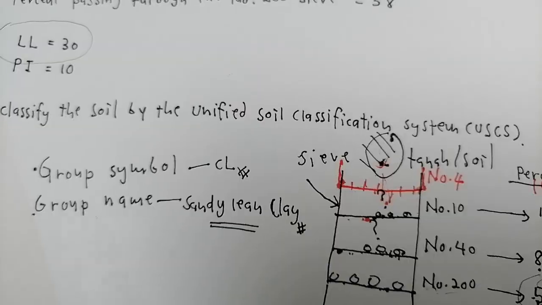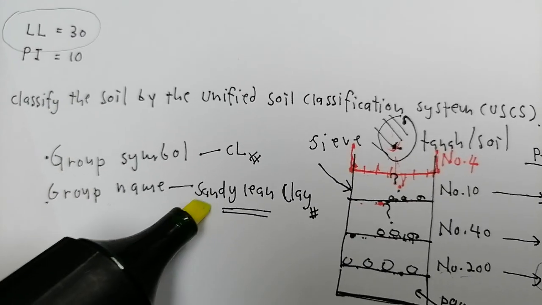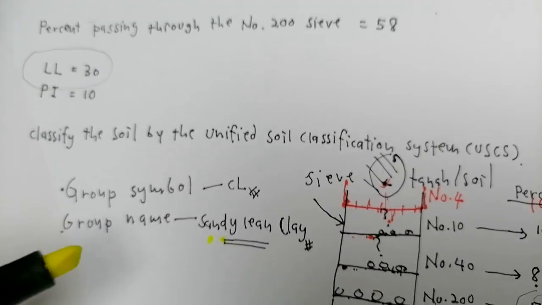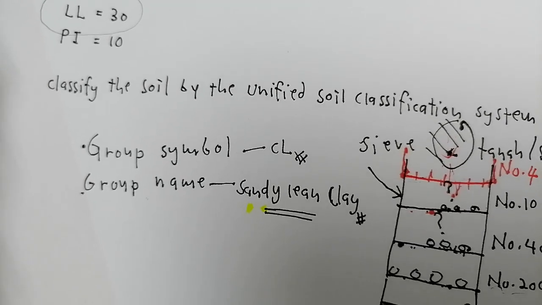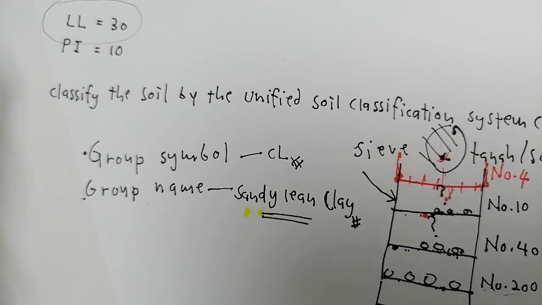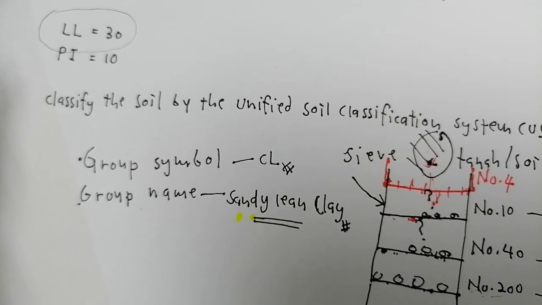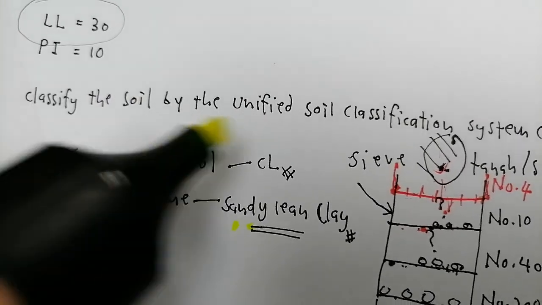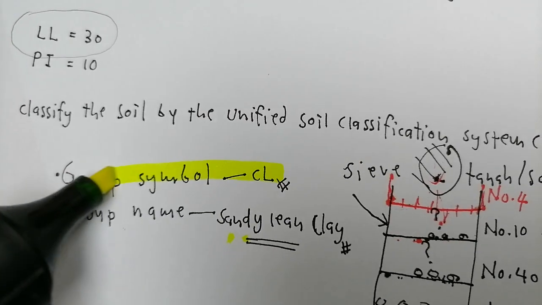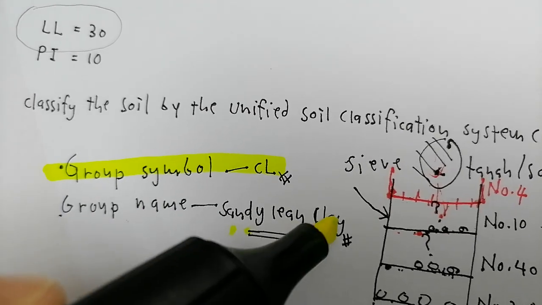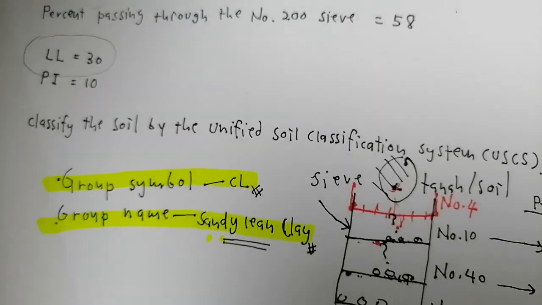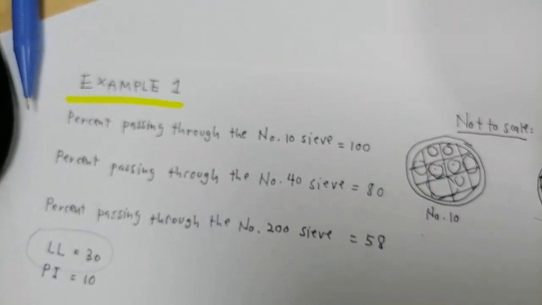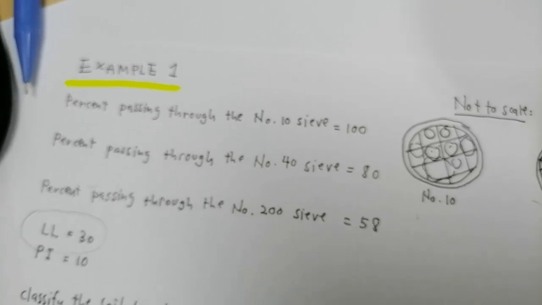So you write there sandy lean clay. Okay, so finally we have the complete answer for example 1, so group symbol is CL and the group name is Sandy Lean Clay. All right, so we're done with example 1.